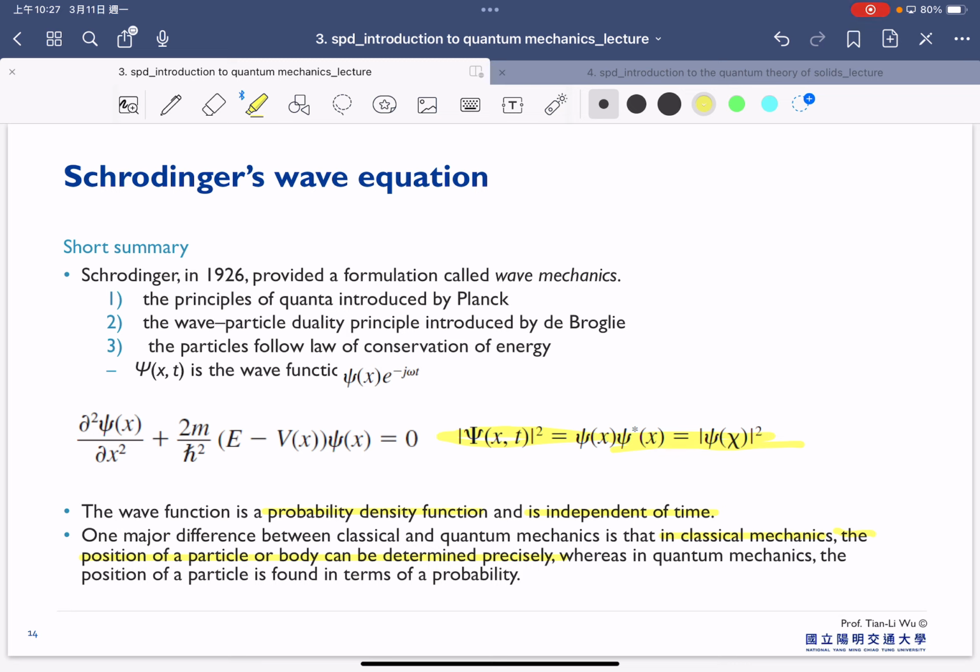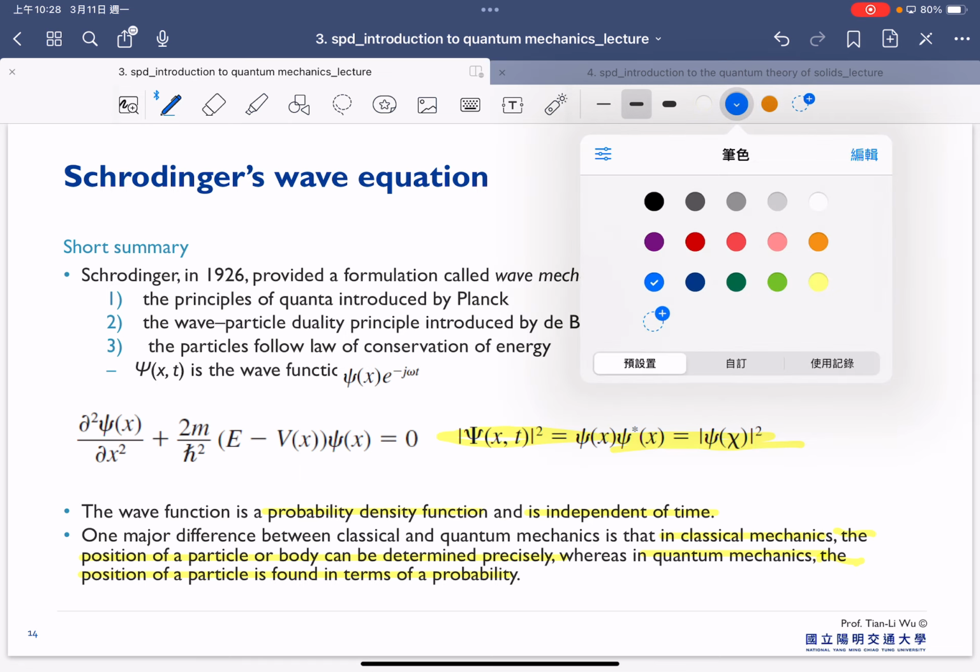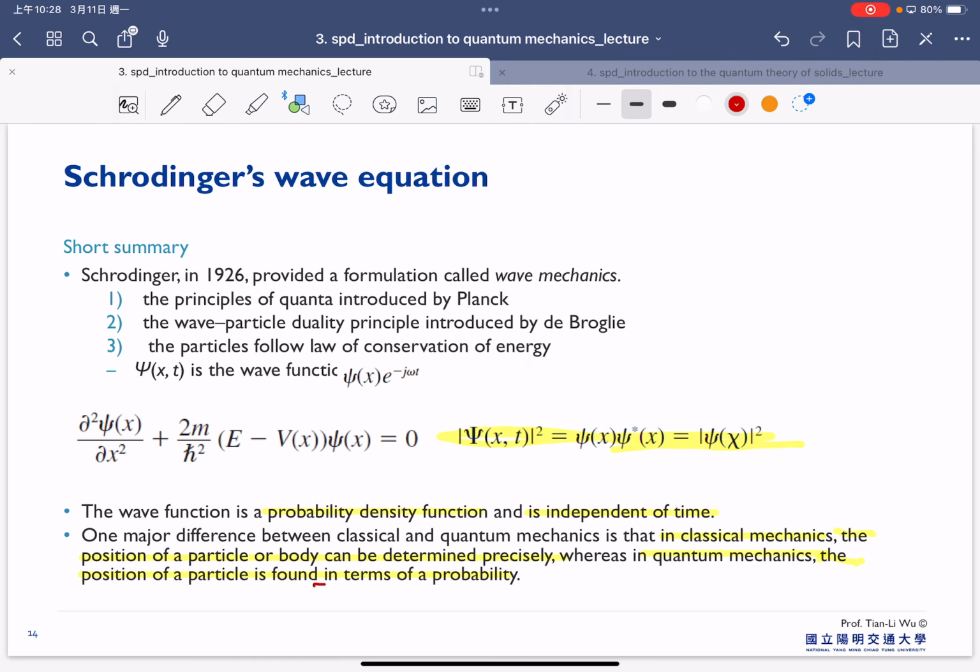So we can determine the position precisely. But in the case of quantum mechanics here, the position of the particle is found in terms of probability.